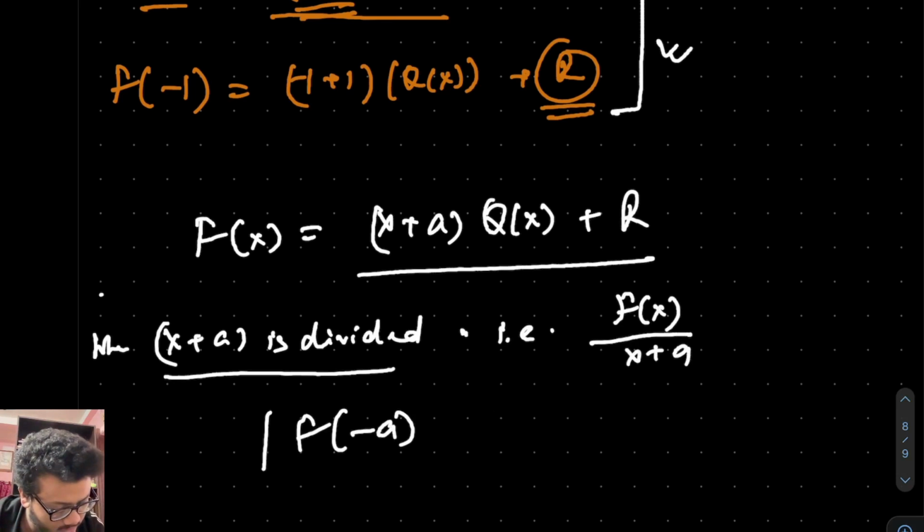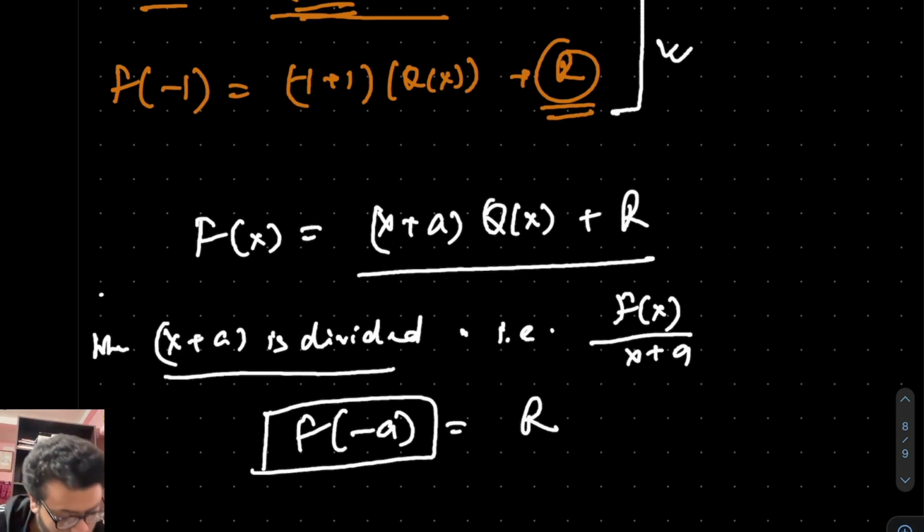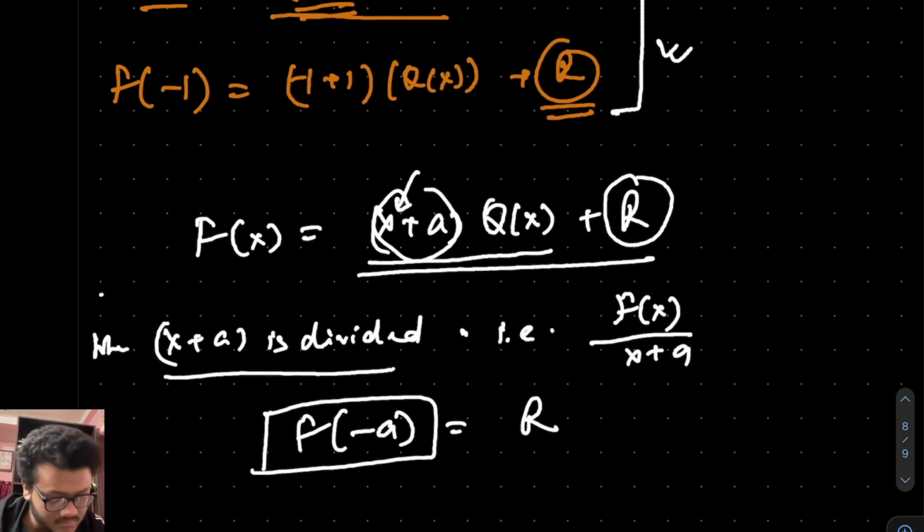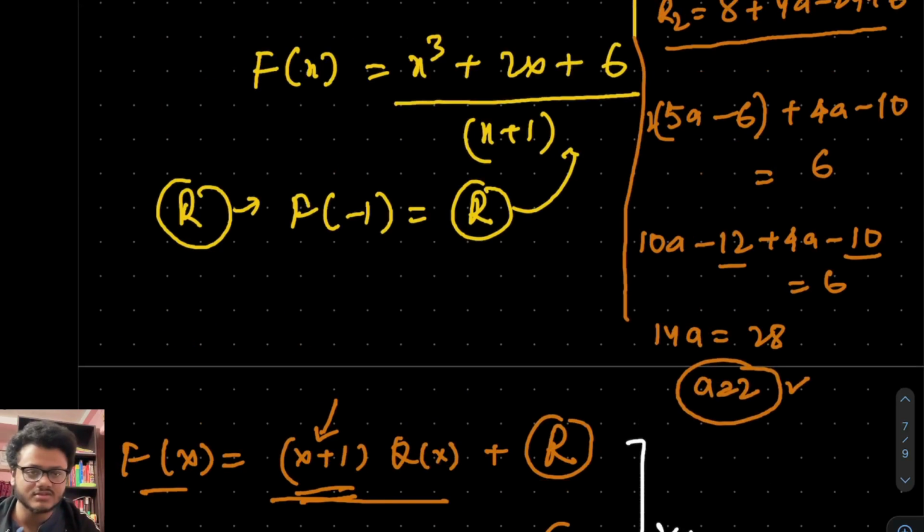The value will be the same as the remainder, because if you put minus a here, the expression will turn into 0, right? And just the remainder will be there. And this is what we have used. This is the remainder theorem.